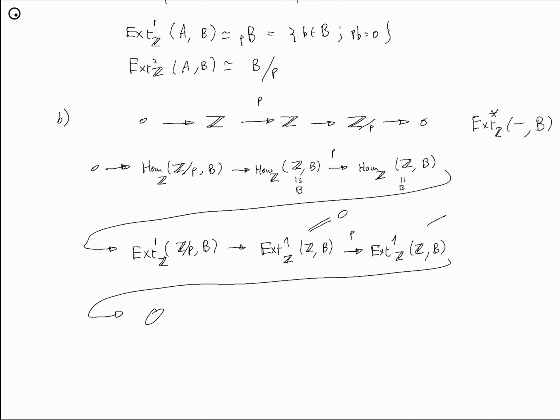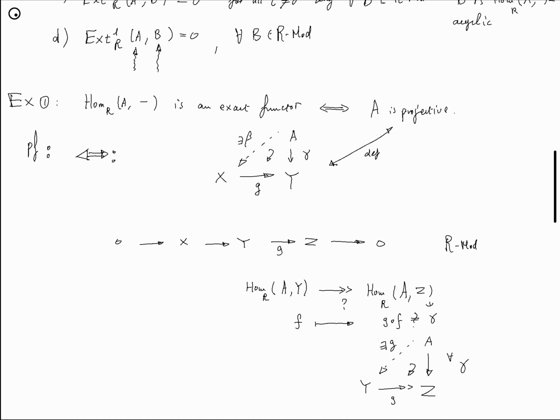The reason is our exercise before: when the first position is projective as a Z module, or in general an R module, or the second position is injective as an R module, then the Ext groups vanish.